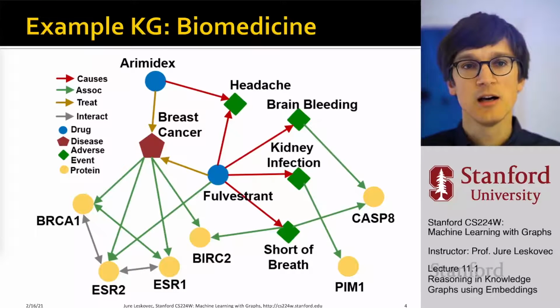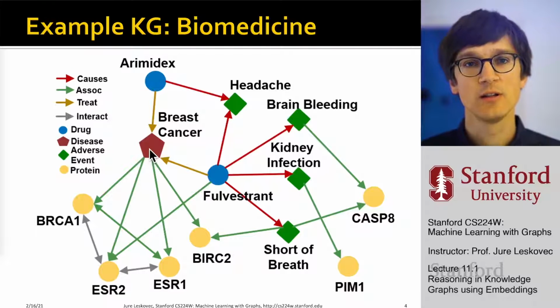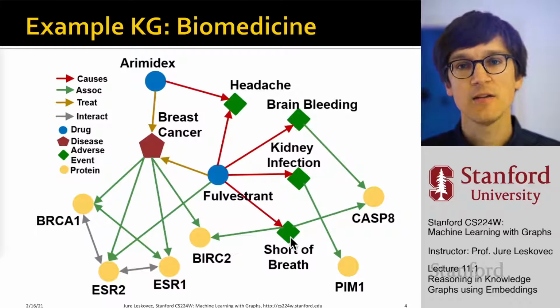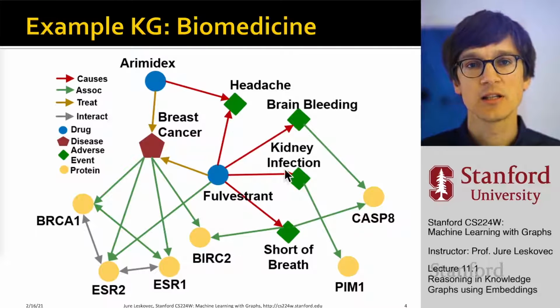So for the rest of the lecture, I'm going to use this simple biomedical knowledge graph that includes the following four types of entities. We will have nodes for different drugs. We are going to have nodes for different diseases. We are also going to have some kind of adverse events, or let's say side effects, that these diseases can cause.